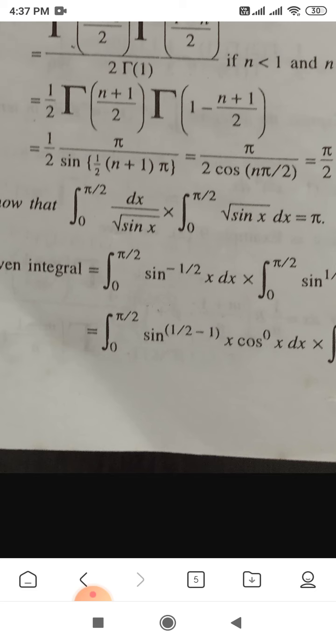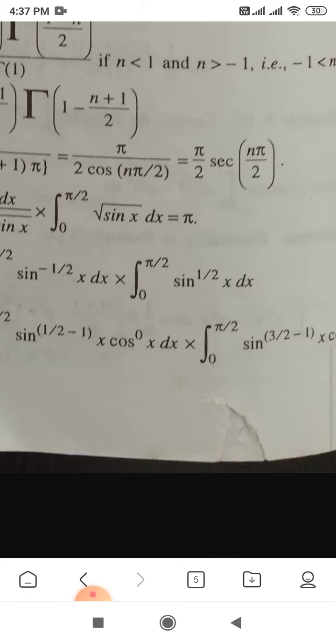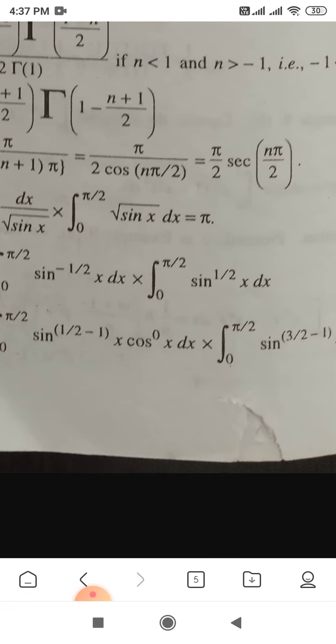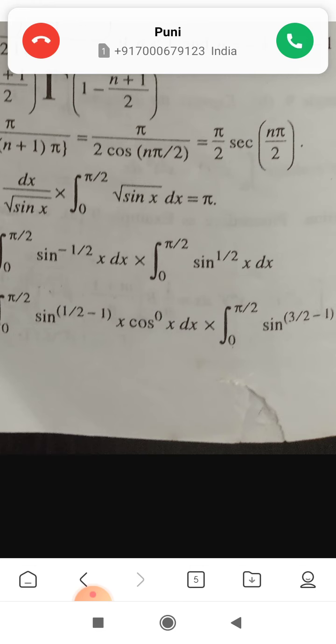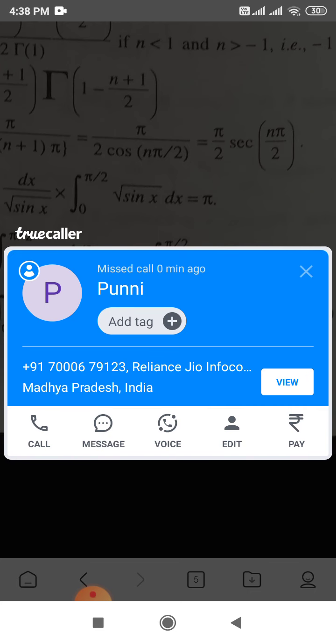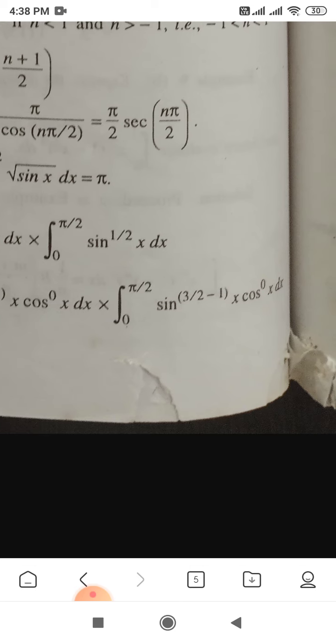Again this is written in the form of integral sin^(-1/2) x dx and integral sin^(1/2) x dx, and expressed in the manner sin^(1/2 - 1) x cos^0 x dx into integral 0 to pi by 2 sin^(3/2 - 1) x cos^0 x dx, and express it in the gamma form: gamma(1/4) gamma(1/2) upon 2 gamma(3/4), and next gamma(3/4) gamma(1/2) upon 2 gamma(5/4), and after solving the answer will be pi.